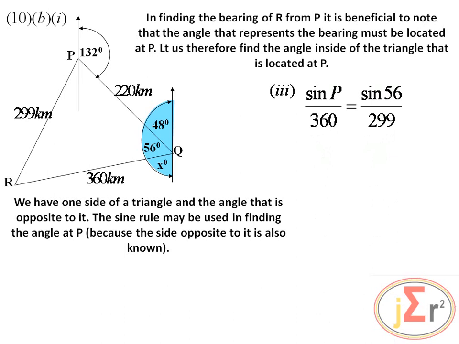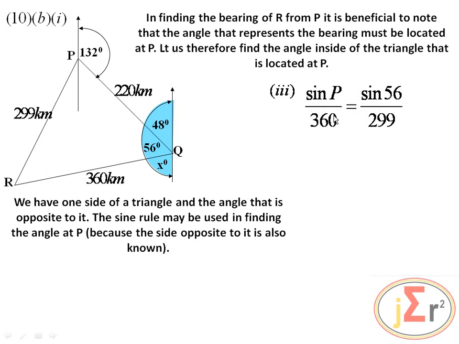In this particular case, we are using the sine rule. We have one side of a triangle and the angle that is opposite to it. The sine rule may be used in finding the angle at P because the side opposite to the angle P is also known. Now the sine rule makes use of angle opposite side, angle opposite side.